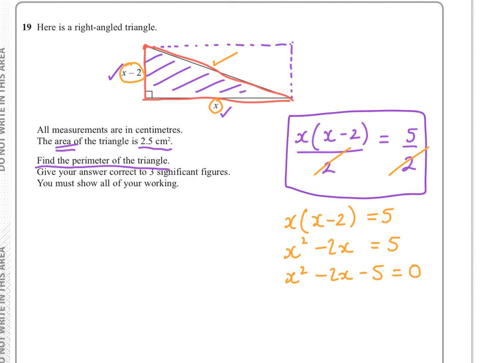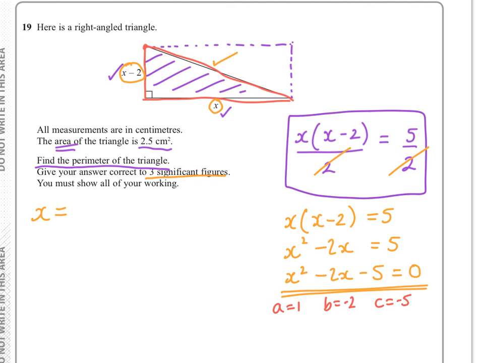So let's have a look at this. There's a clue in the question, it says correct to 3 significant figures. So I would doubt very much that this would factorise. So let's use the formula. So we'd have x equals minus b. So our value here would be 1, a is 1, b is minus 2, c is minus 5 in case you wondered.